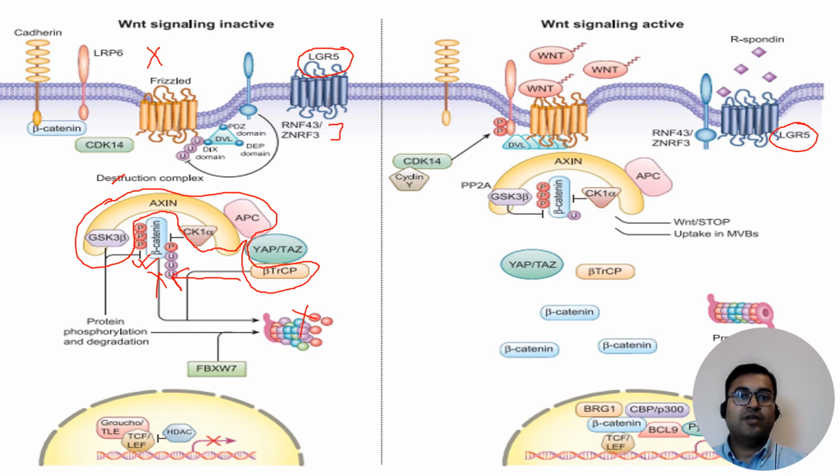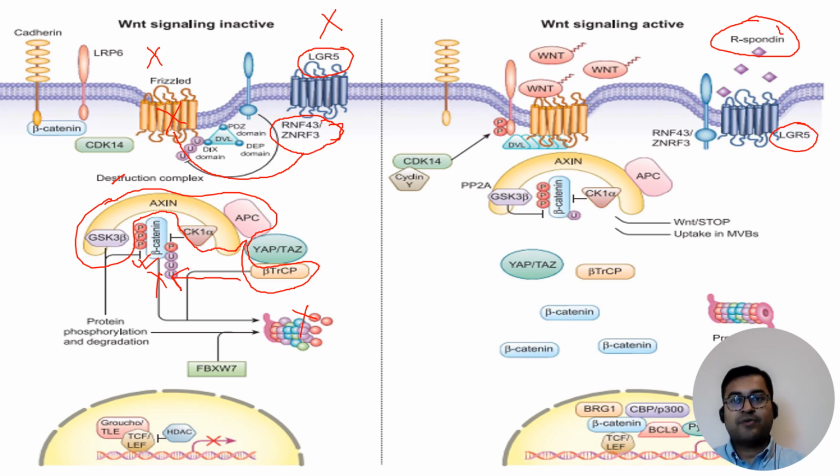Now when there is no ligand for this, which is R-spondin, which you can clearly see here, if there is no R-spondin, in that case this RNF43 and ZNRF3 is going to act on this Frizzled, and this Frizzled will be removed from here.